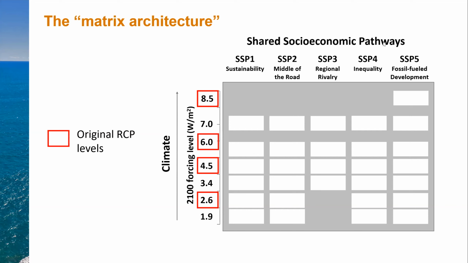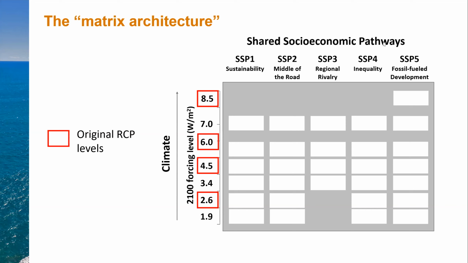And you see that not all of the combinations have a white box here, and that is because it turned out that some of these weren't feasible combinations. So across the top row, the RCP 8.5, the high forcing scenario, not all of the SSPs, even when there's absolutely no emissions reduction in them, have storylines and quantifications of population and GDP and technological change and emissions and so on.